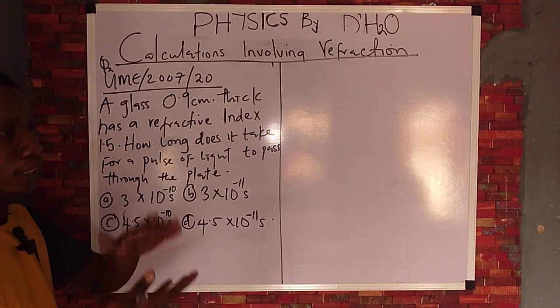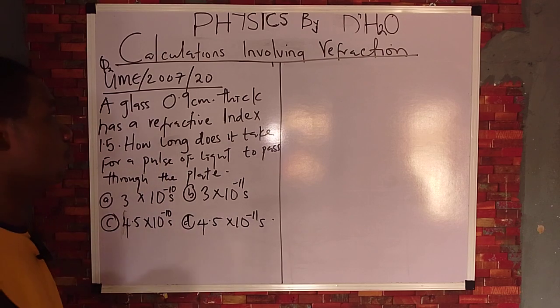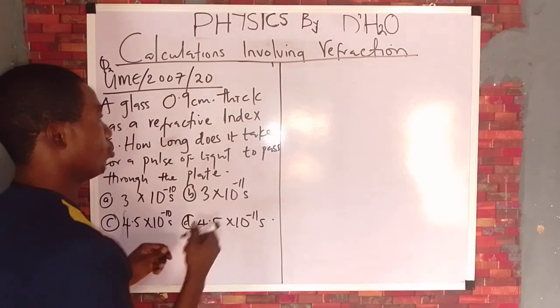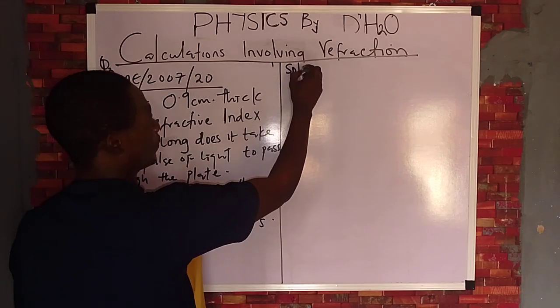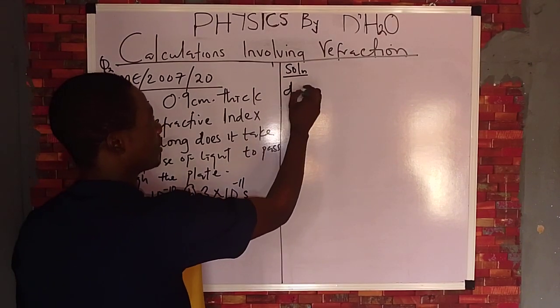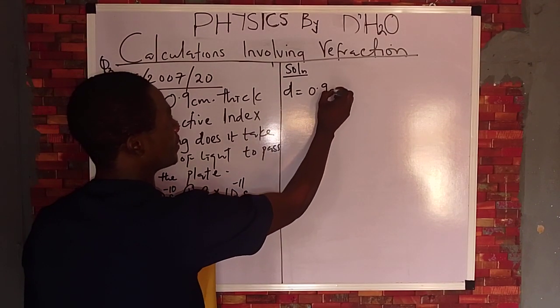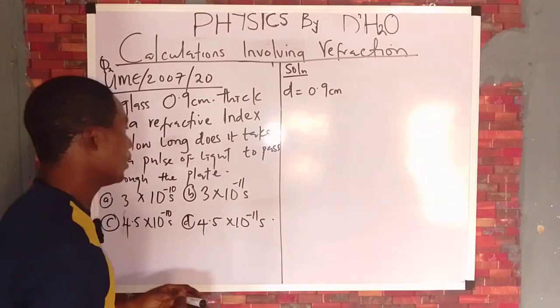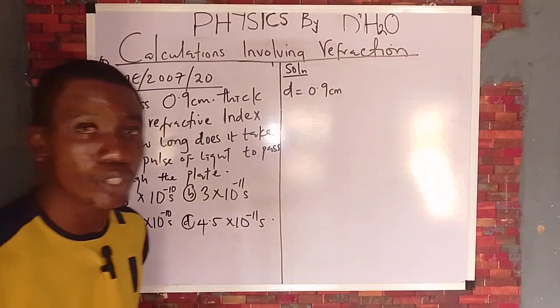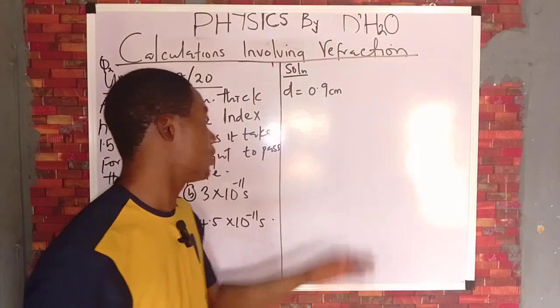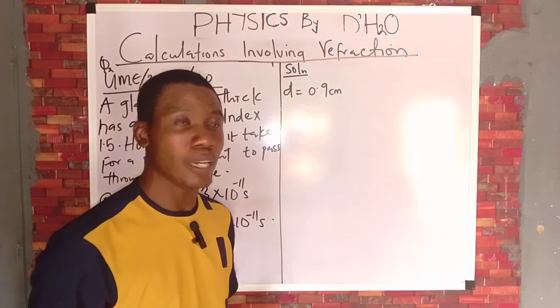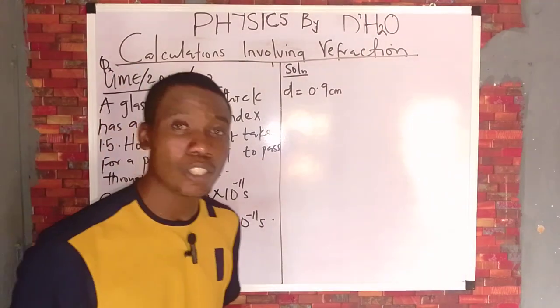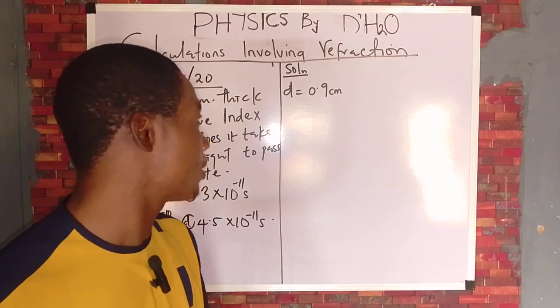This is simply the distance moved by the light. So if you want to bring your parameters, you can write that your distance is 0.9 centimeter. Don't forget, you must be consistent with your unit. You don't solve in centimeter, you solve in meter, most especially when your speed is in meter per seconds.